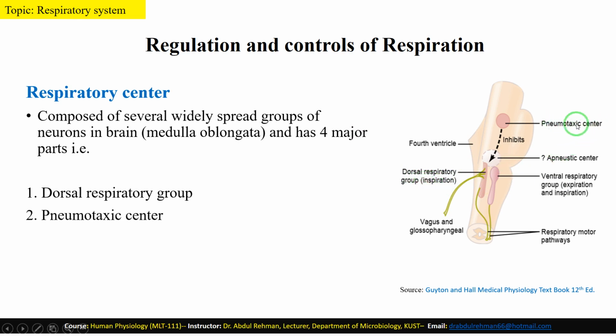The pneumotaxic center, which generates inhibitory signals to the dorsal respiratory group so that the initiation of inspiratory signals is stopped. The ventral respiratory group, responsible for expiration, and to some extent inspiration. And the fourth one is the apneustic center, which stops the inhibitory signals produced by the pneumotaxic center.